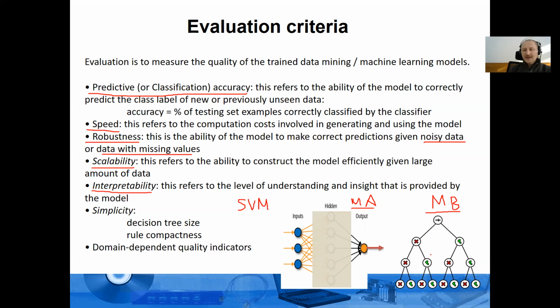You can get inside that model and make some conclusions. For example, if the value of this attribute is bigger than a certain amount, choose this option; if the value of the second attribute is smaller than this one, choose this option; bigger than this one, choose this option. You can see the inner mechanism, the inner system of the model.